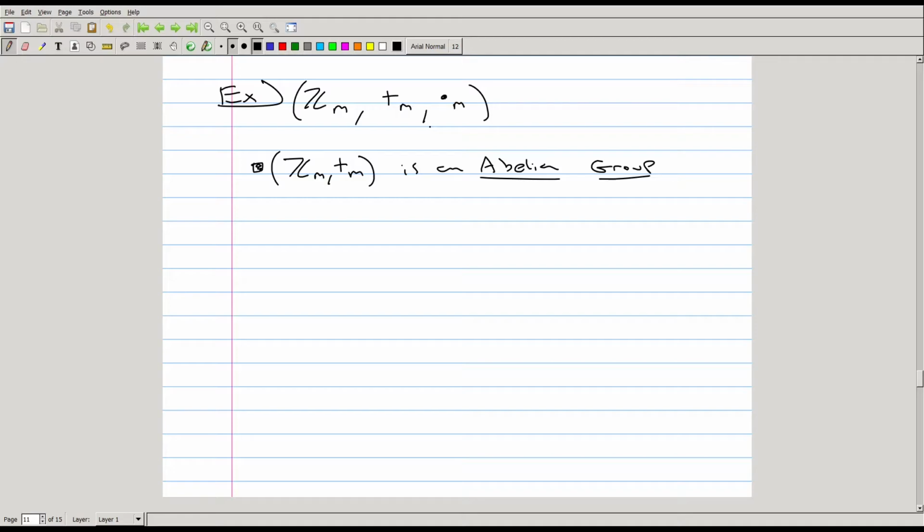There exists an identity element, namely 0, and there always exists an inverse, or a number that you can add to get to a number that's congruent to 0 mod m. So therefore, this is an abelian group.